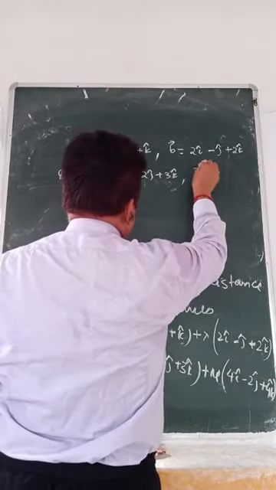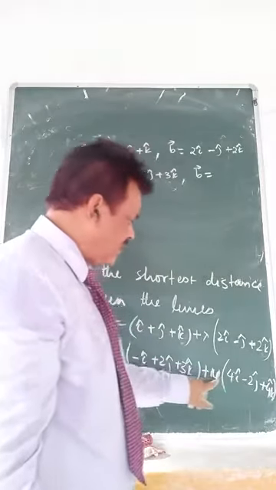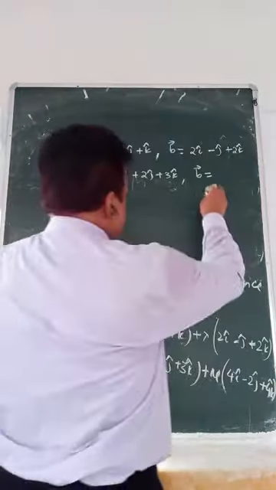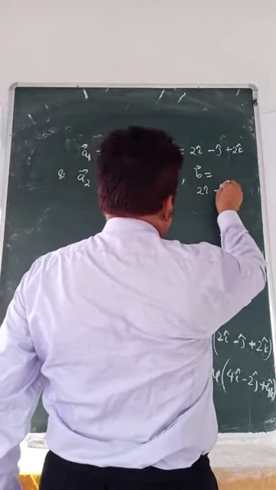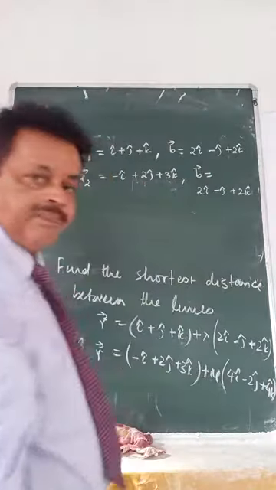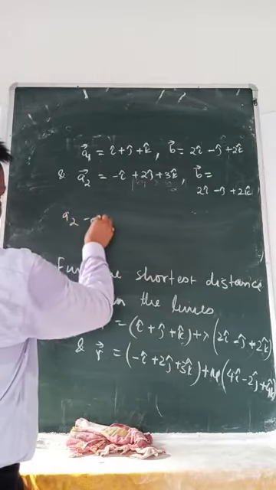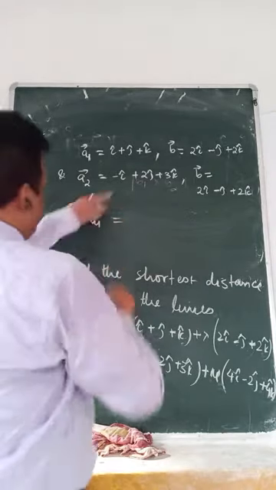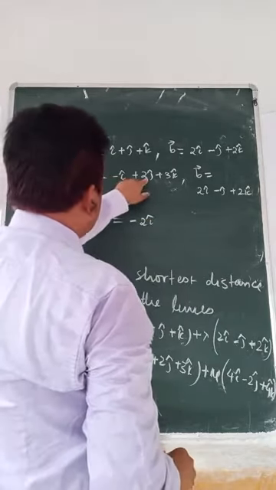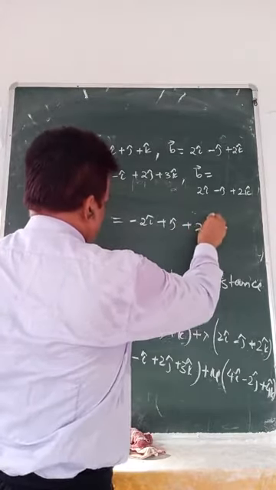B will be the same, because when you take out common, that will be 2 mu, some scalar, but the vector will be the same, 2i - j + 2k. So I have written b for both. Okay, so what is a2 minus a1? This minus this: -2i, this minus this, plus j plus 2k.